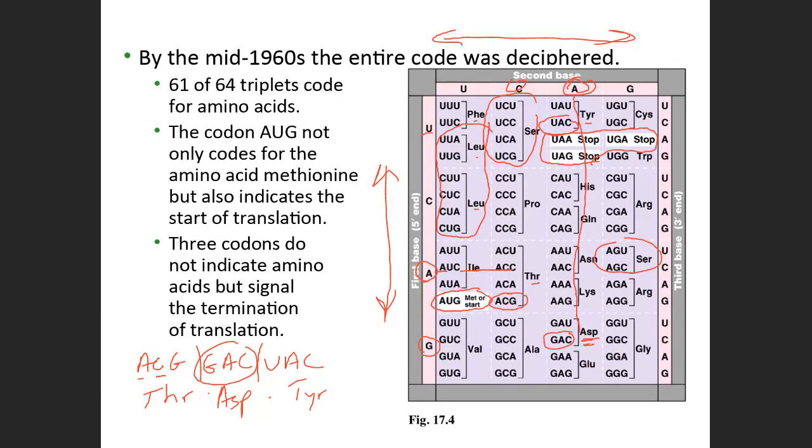So first letter, look on the left. Second letter, go across the top, and then triangulate and come down and find the third one in the table. So is that clear? Yes, thank you.